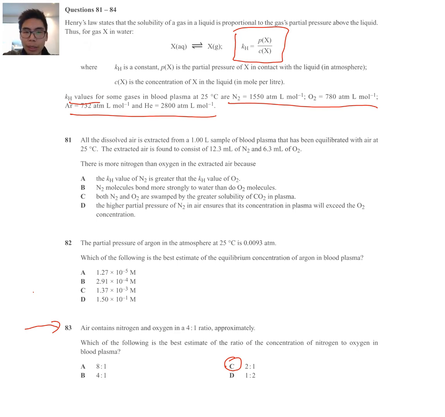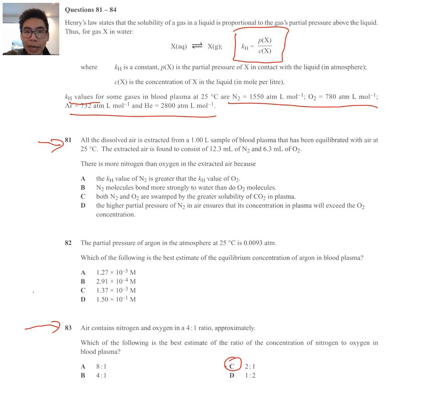Now, interestingly, just keep this in mind, this is asking about the concentration of nitrogen and oxygen in the blood. Interestingly, in question 81, it actually tells you that all the dissolved air is extracted from a 1 liter sample of blood plasma. So there has been some air dissolved in blood that has been equilibrated to air.